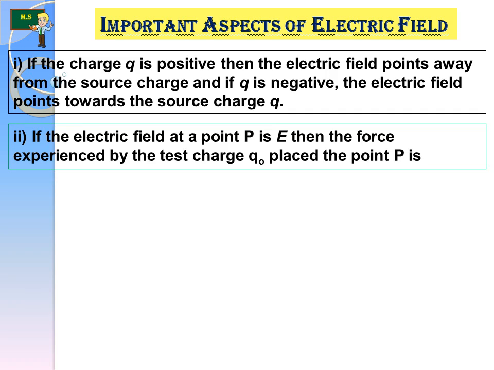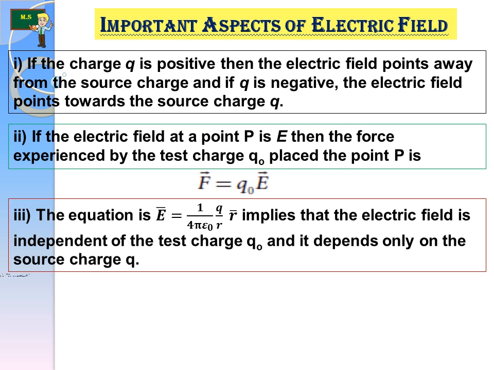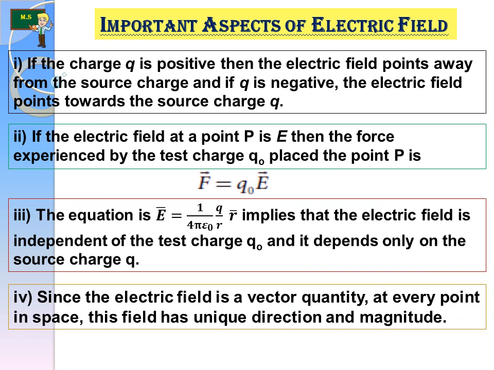Second point, if the electric field at a point P is E, then the force experienced by the test charge Q0 placed at the point P is given by F is equal to Q0 into E. The equation is E is equal to 1 by 4 pi epsilon 0 Q divided by R square into R cap.